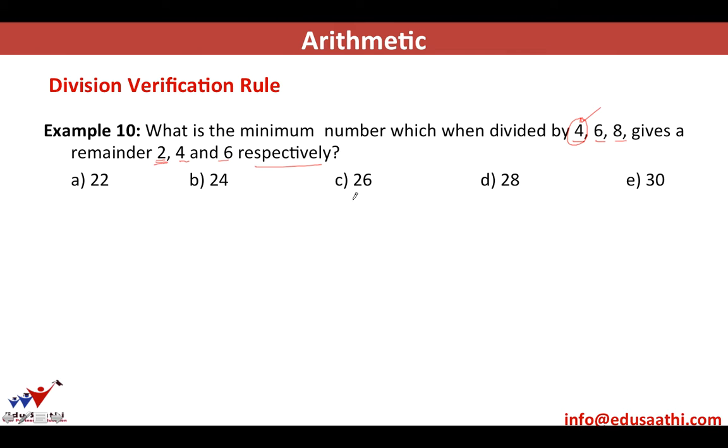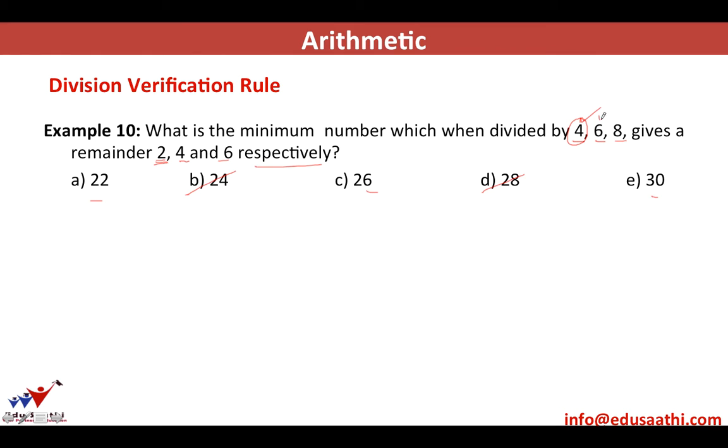So if I just look at the multiples of 4, 24 is a multiple of 4, cannot be the answer, right? 28 again is a multiple of 4, so cannot be the answer. So if I just look at the numbers, 22 gives a remainder of 2 when divided by 4, 26 also and 30 also. So these are the 3 answer options that I have as of now.